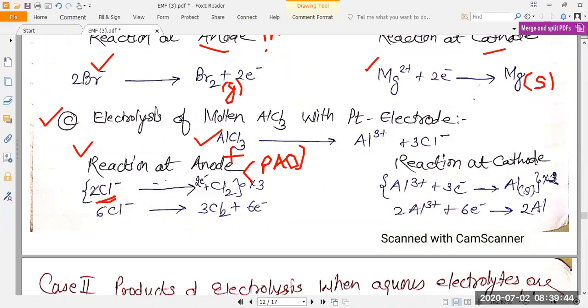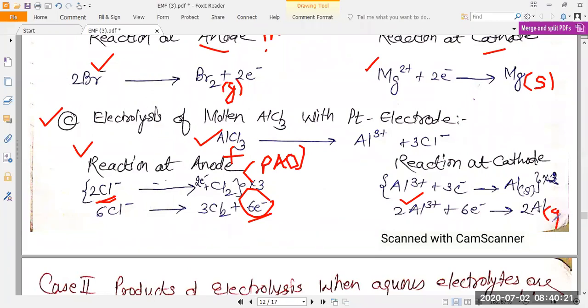Two chloride ions give their two electrons and convert into chlorine. Now we require six chloride ions to neutralize the aluminum 3+ ion. So 6 chloride ions release 6 electrons, and these 6 electrons are accepted by the aluminum 3+ ion, which converts into solid aluminum.